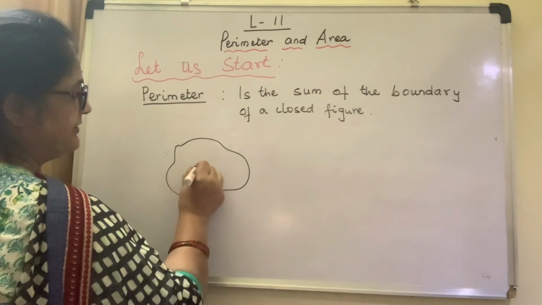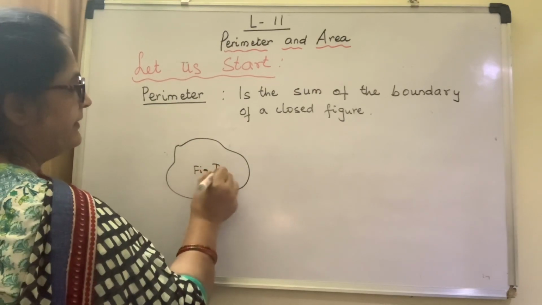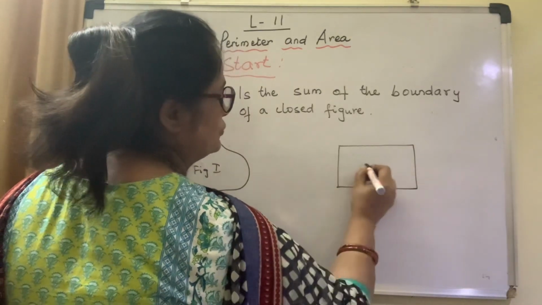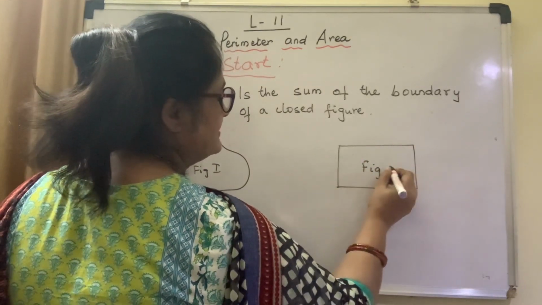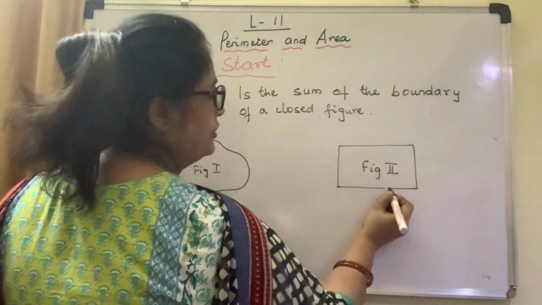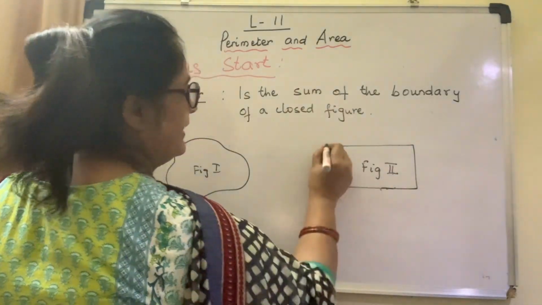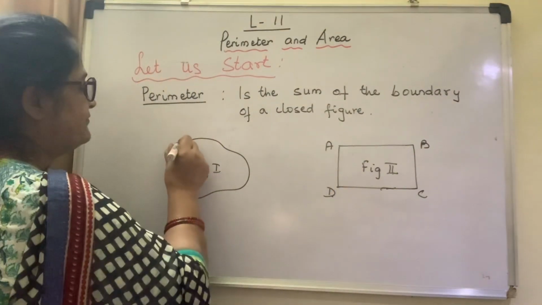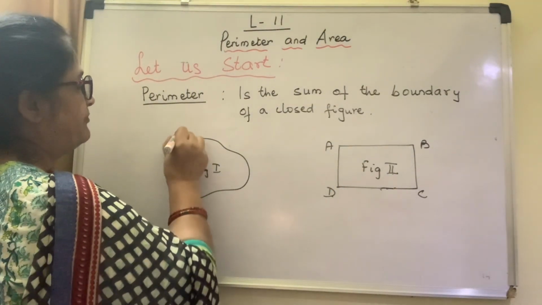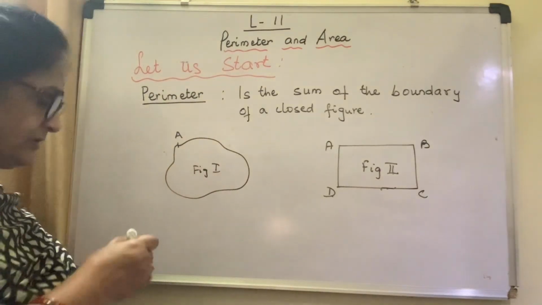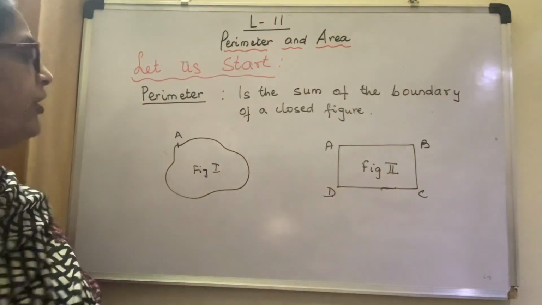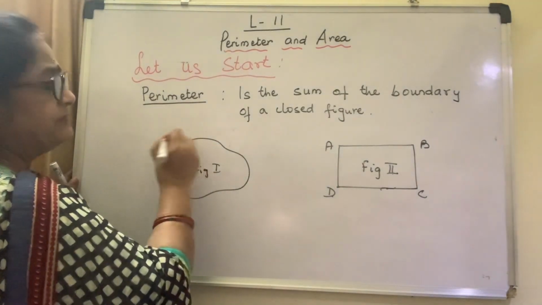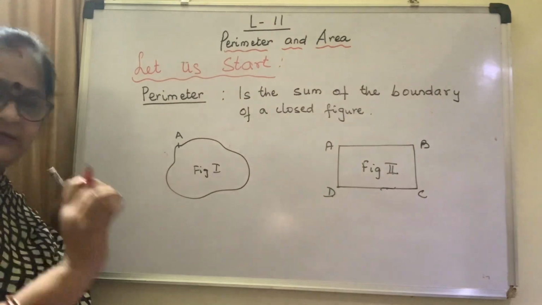This is, let's say, figure number 1, and this is figure number 2. Now I'll name this figure as A, B, C, D, and let's say it starts at the point A. Now total boundary of figure number 1: if I start, that means you have to come back to its starting point.